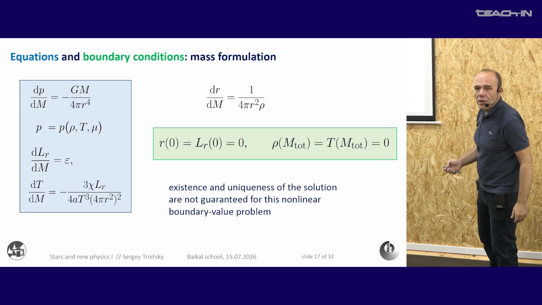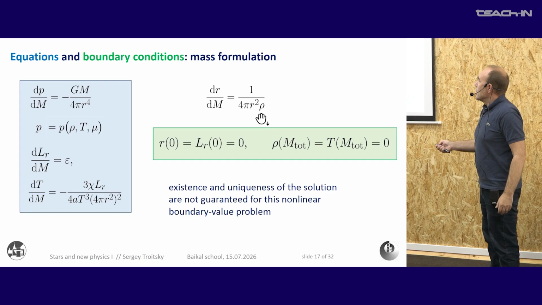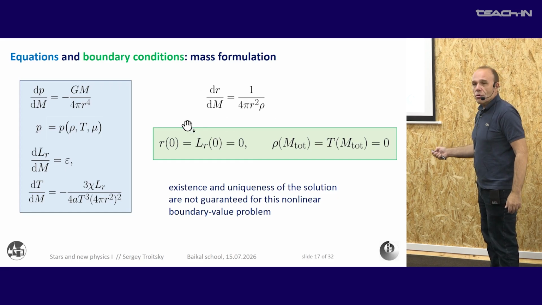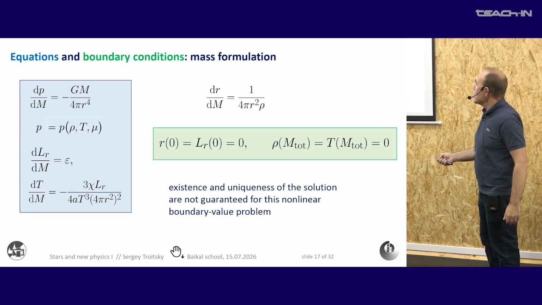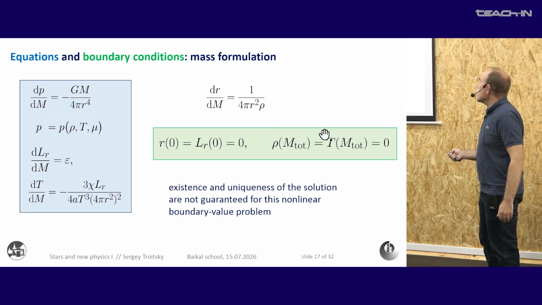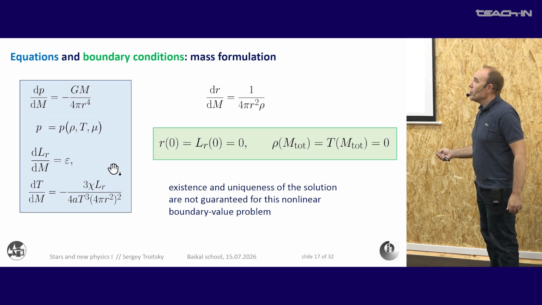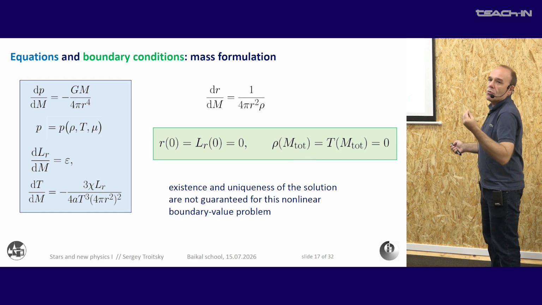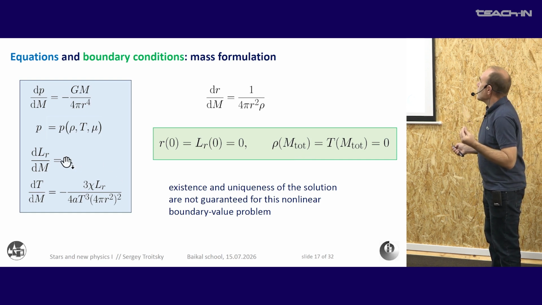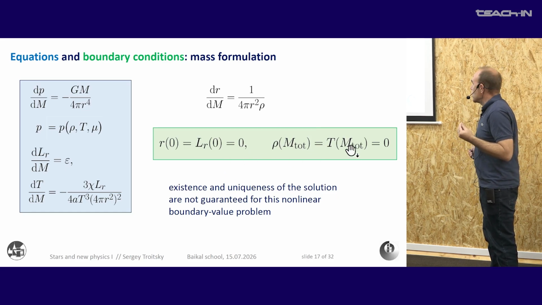The mass formulation is especially easy and successful because we can make a substitution of variables like that, and we obtain very well defined boundary conditions because we know the mass of the star. We do not know at which radius it saturates, but we do not need this radius to get the boundary condition.